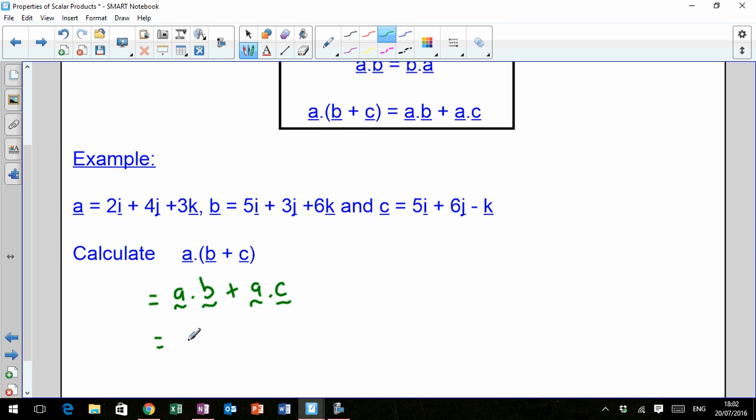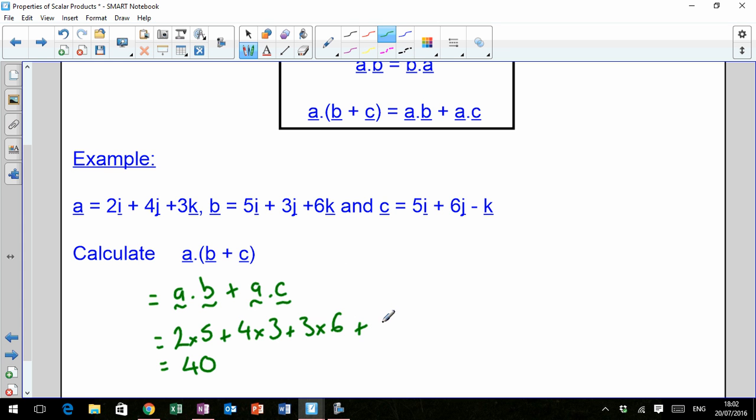Okay, so a dot b, just looking at a and b, is 2 multiplied by 5, add from your j's 4 multiplied by 3, and then add from your k's 3 multiplied by 6. So that's going to be 10, add 12, add 18, so 22, 40. But we also have to add on a dot c.